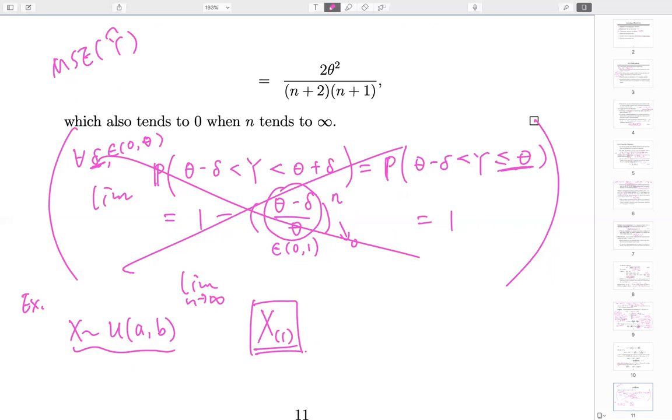You repeat the same analysis, because right now what we are trying to estimate is the lower parameter A. I ask you to calculate the mean, the variance, and the MSE of x bracket 1, the minimum order statistic. And is this one a consistent estimator of A? Here you can assume B is known, but A is something I don't know. You use the smallest order statistic to estimate it and try to study the properties.